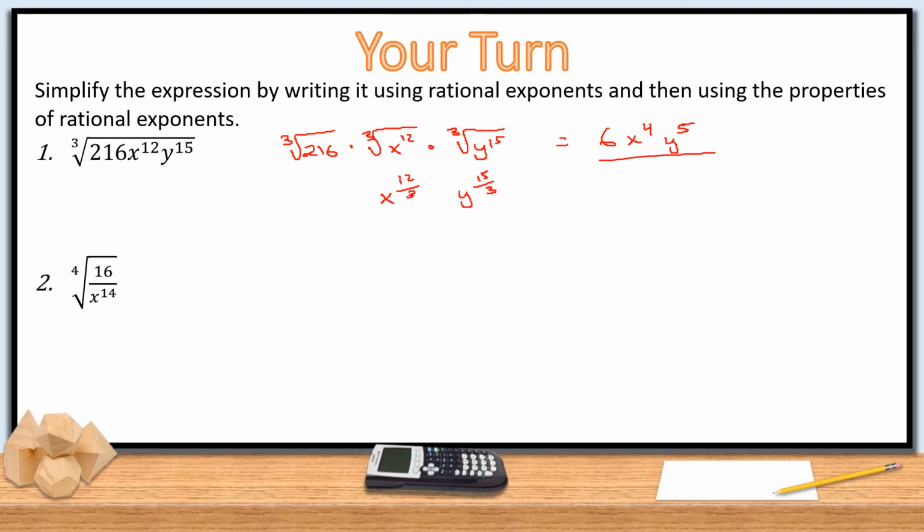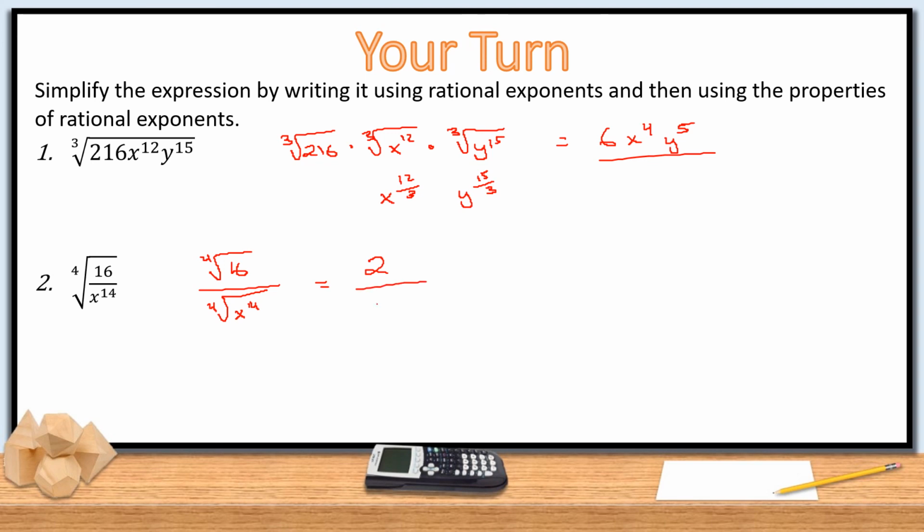Number 2, we've got fourth root of 16 over fourth root of x to the power of 14. Now I'm going to go for, does 16 have a fourth root? I don't think it does. So let's see, 16 to the power of 1 over 4. Oh, it does too. Of course it does. So 2.